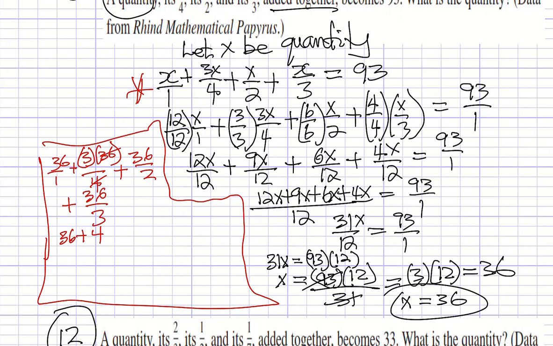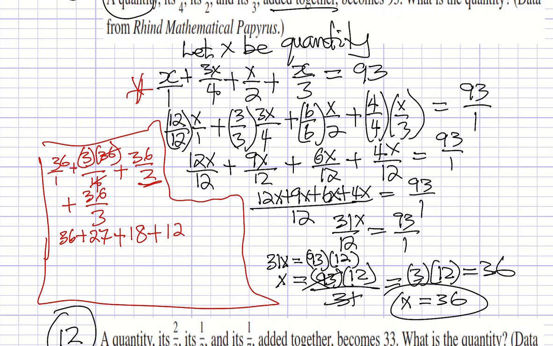So from there we'll get 27. We'll write 27 right here. And then from this one, 36 divided by 2, you get 18. 36 divided by 3, you get 12.